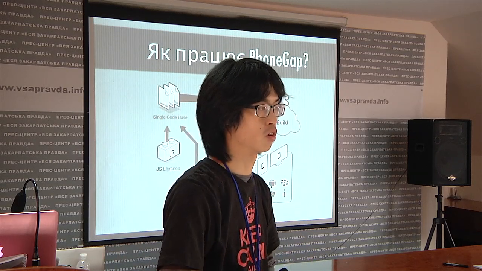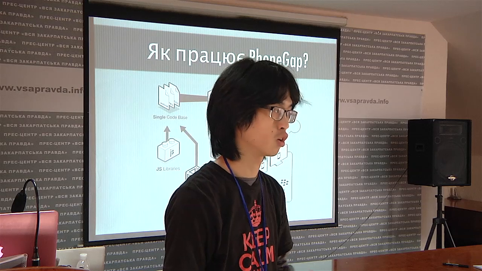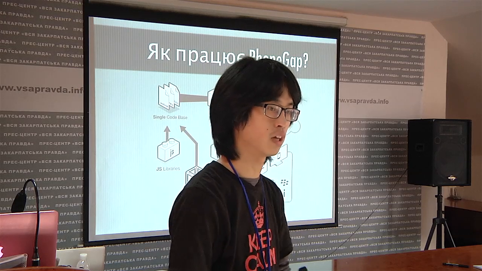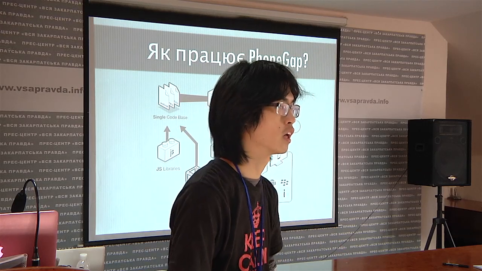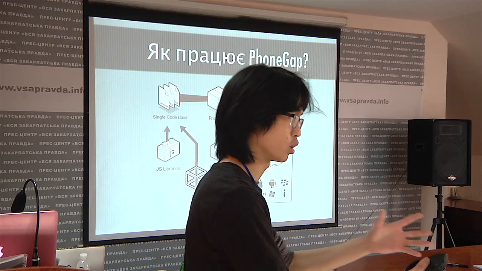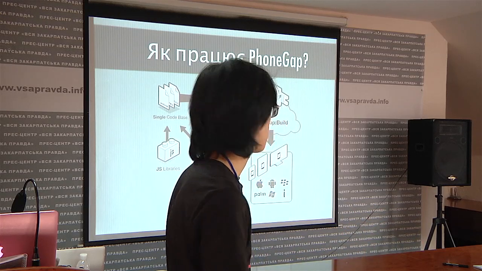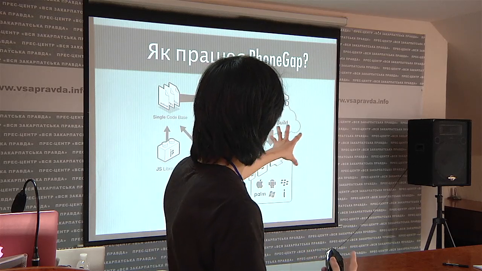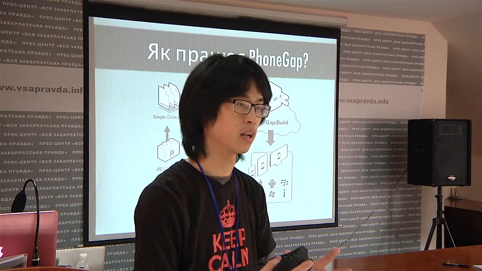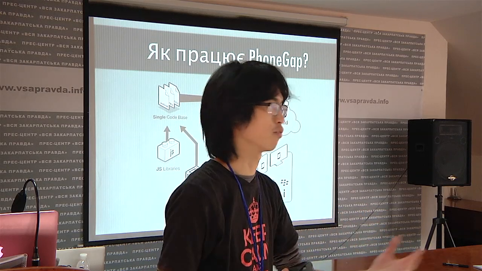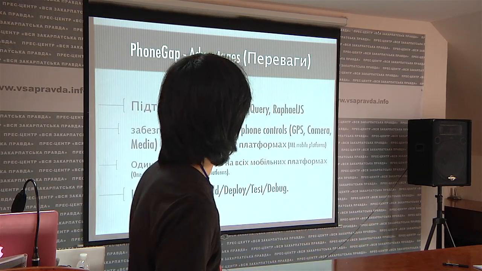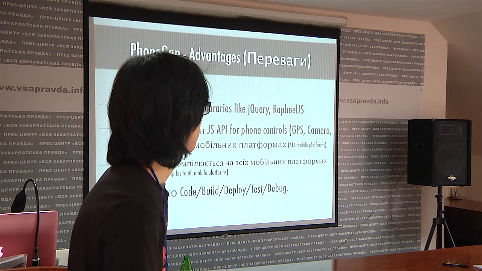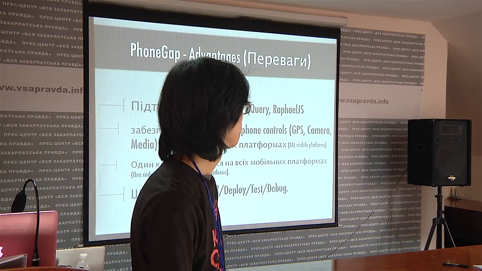So if you want to do authentication, like if you want to authenticate to VK or to Twitter or to Facebook, they have plugins that you can put inside the application to automatically do that for you. And then PhoneGap Build is the cloud service that does the compiling, and it will compile it and then it will give you the code.